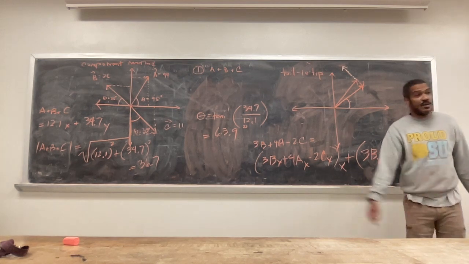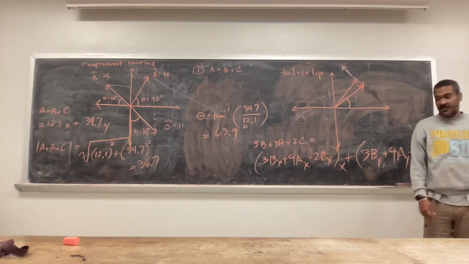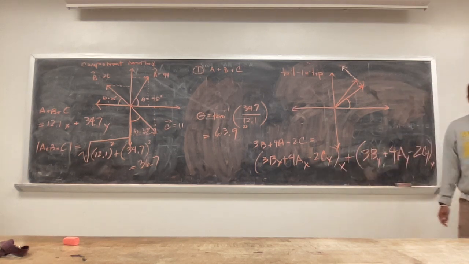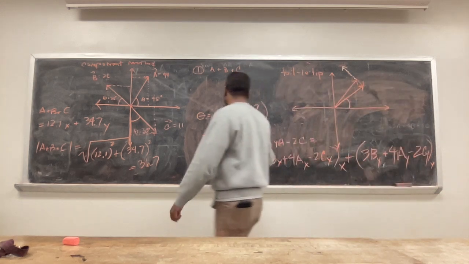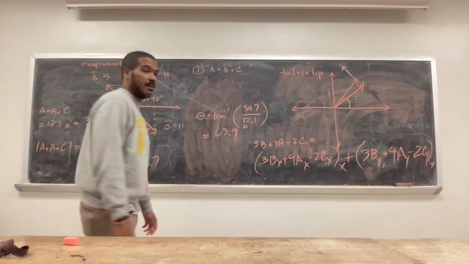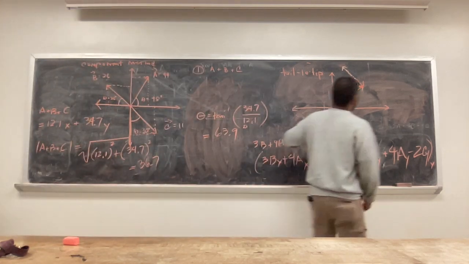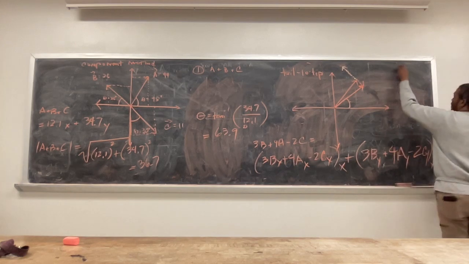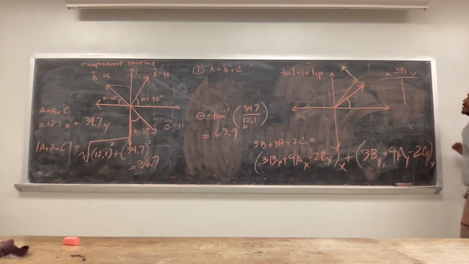It depends on how you want to do it. You could just find out what 3b is. Remember how we were doing it at first? I say, here's b, or 3b. 3b has an x and y component, so I'll just multiply it.